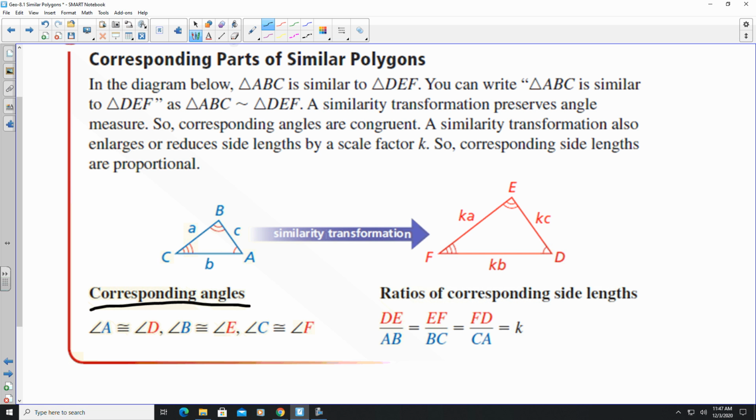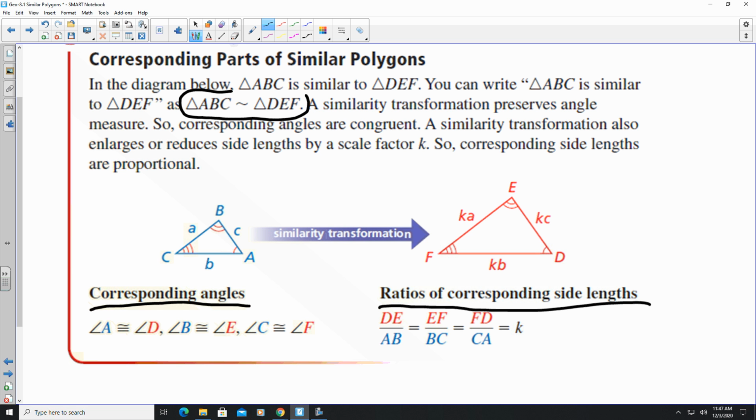Where it differs is when you're looking at the corresponding sides. The corresponding sides are not going to be the same measurement. But what we have to take a look at is each individual corresponding side must be proportional to the respective sides of the figure. And if you can say that all sides are proportional, all corresponding angles are congruent, we can then make a conclusion that those two figures are similar.